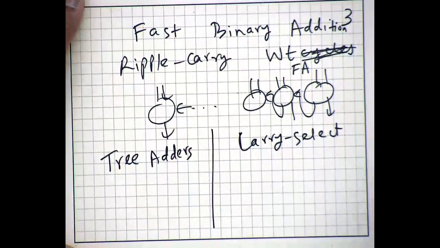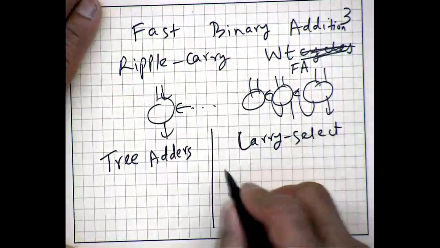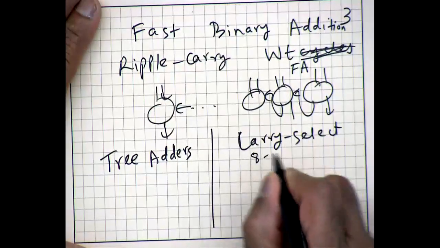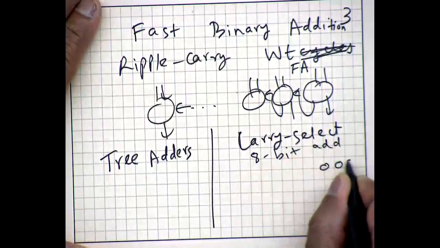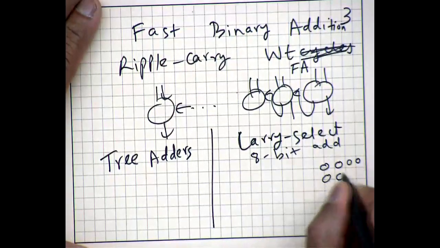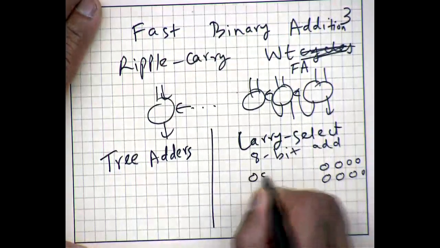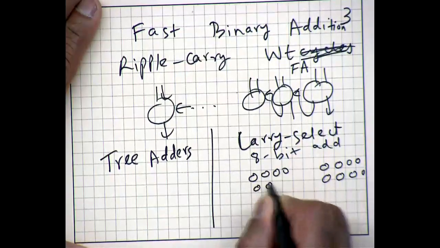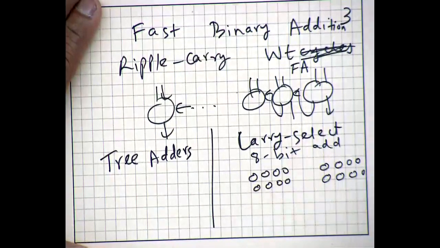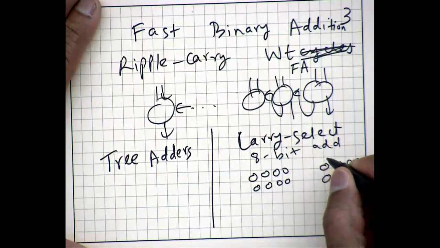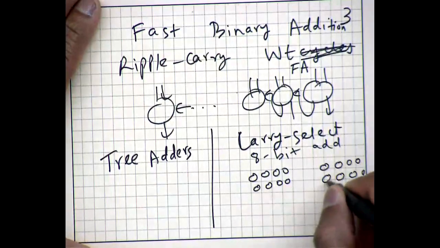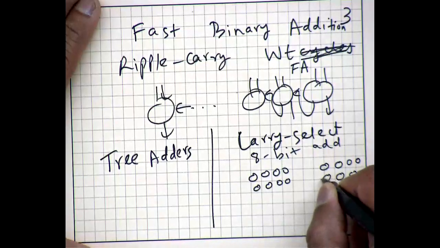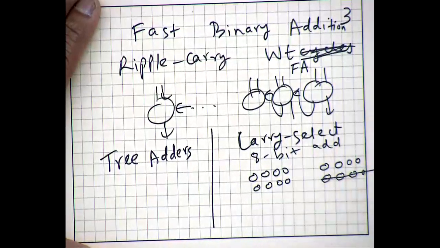Carry select adder says that, okay, let's say that I have an 8-bit add operation. So these are 4 bits, A and B. So we are adding A and B.